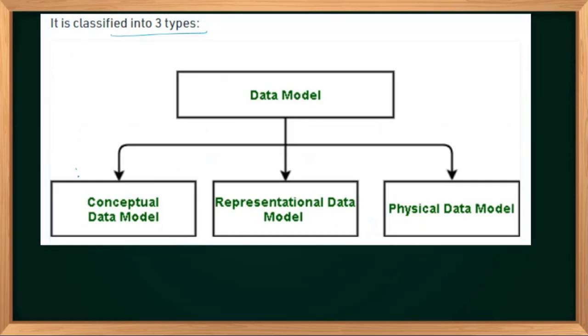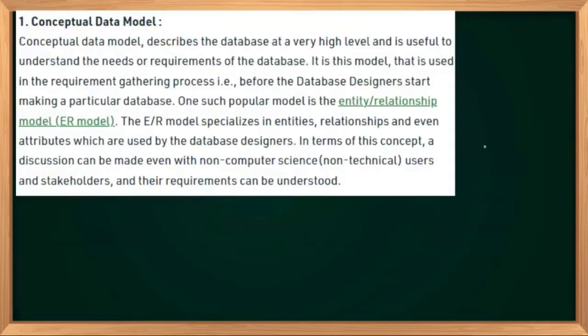First is the conceptual data model, second is the representational data model, and third is the physical data model. The conceptual data model describes the database at a very high level, the user level or interaction level. It is useful to understand the needs and requirements of the database.